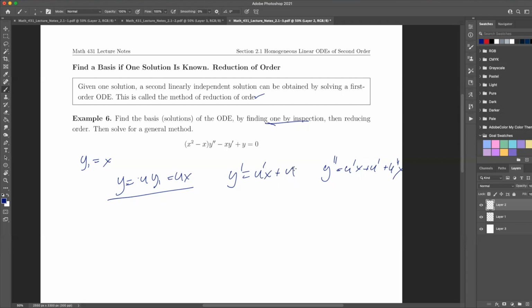The product rule gives me u prime, and then 1, and then u double prime x, and you can add these up. So I get u double prime x plus 2u prime.